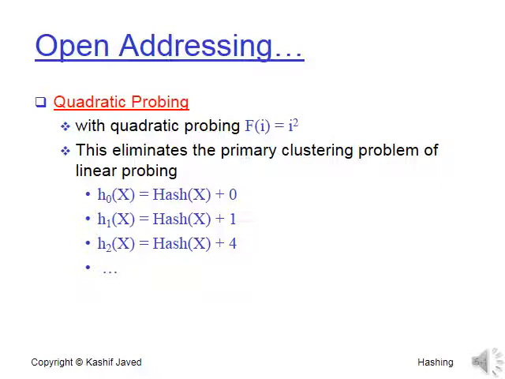If the hash function evaluates to a hash value h and the search cell is full, we try cell h plus 1 squared. If that's full as well, then we try h plus 2 squared.